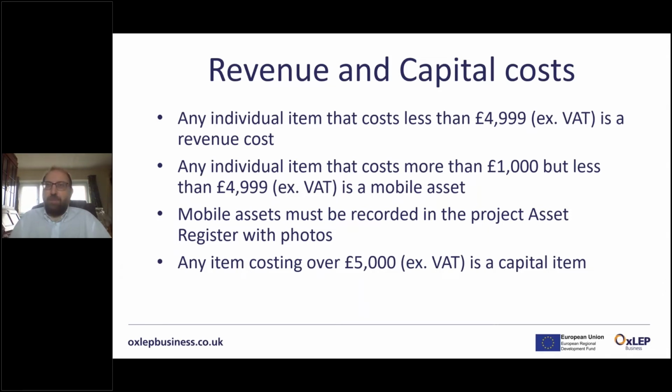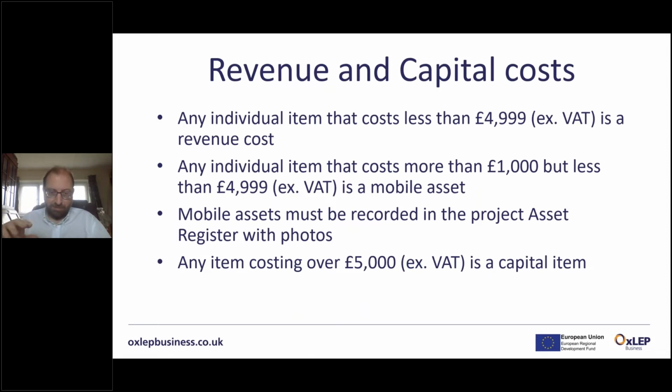So if you go out and buy a 3D printer, for example, and it costs you £4,500, excluding VAT, that is going to be eligible under the revenue categorization for the grant, because it's below the threshold at which it would be classed as a capital cost.